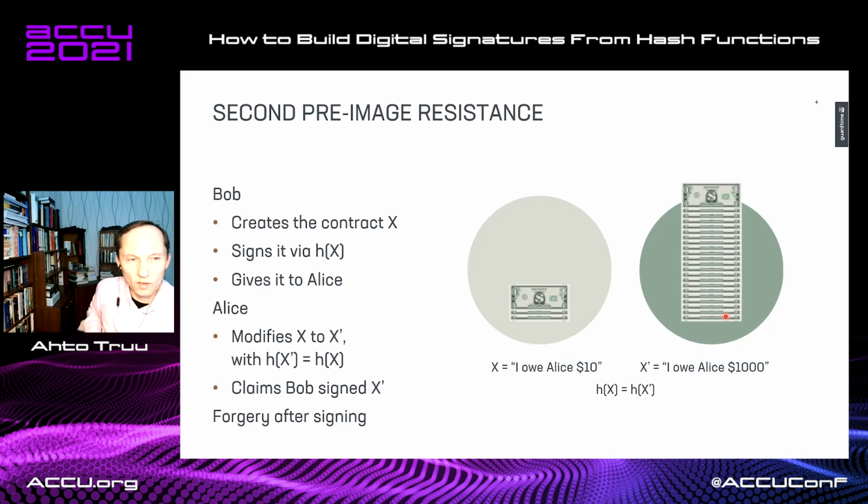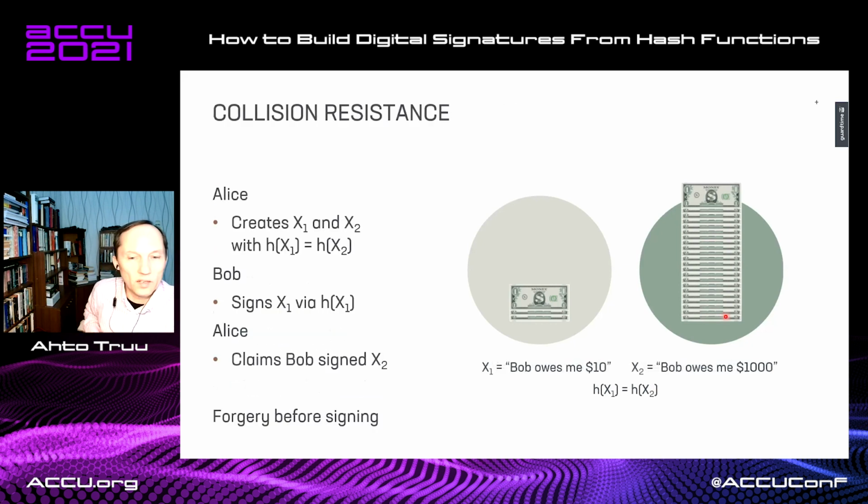But collision resistance comes into play if whoever creates a document in the first place is malicious. So suppose now the same thing, Bob wants to get some money from Alice, but now instead of Bob creating the IOU note and signing it, it's Alice that prepares the contract. And Alice can prepare two contracts where one says Bob owes me $10 and the other one says Bob owes me $1,000, and then sends the first one to Bob for signing.